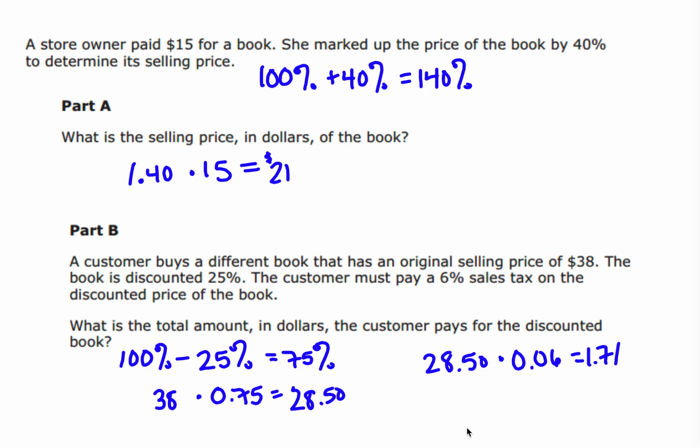That's not the total. So to find my total, I've got to do $28.50 plus 1.71. Okay, and then I need to add those together, which is going to give me a total of $30.21.